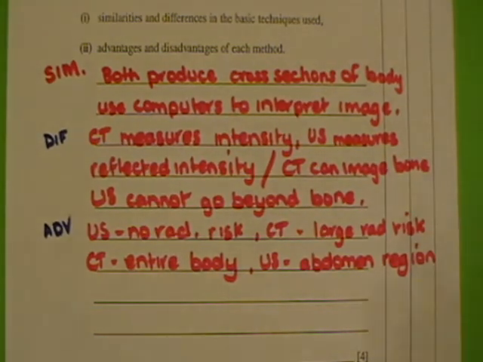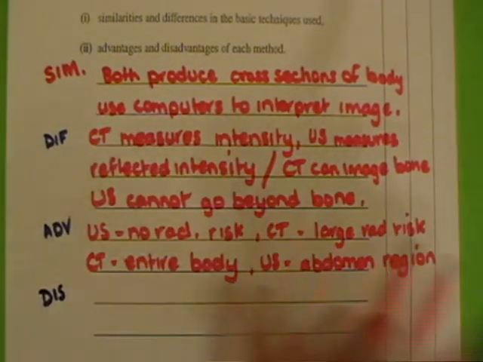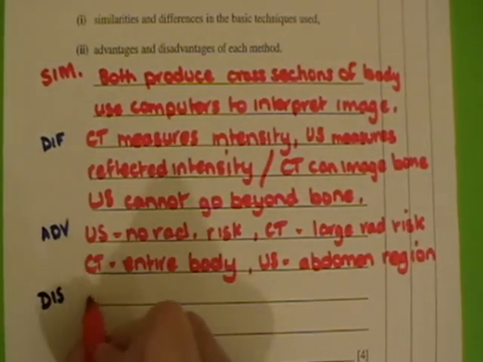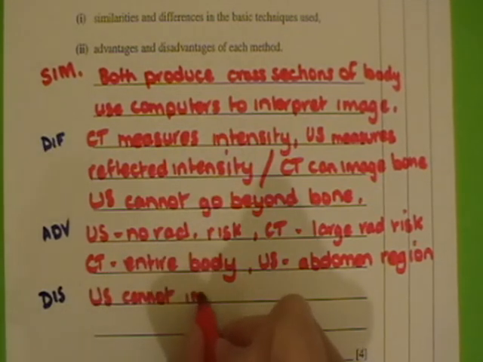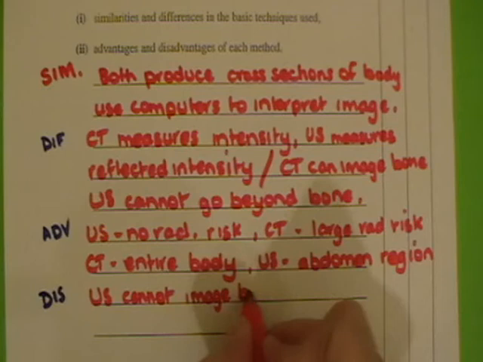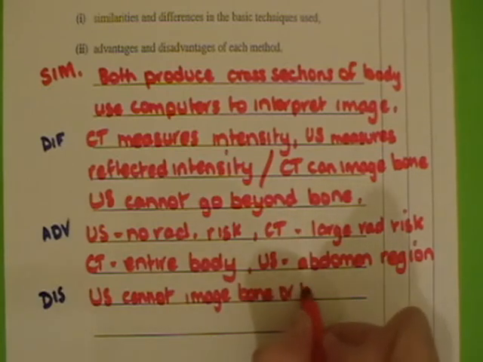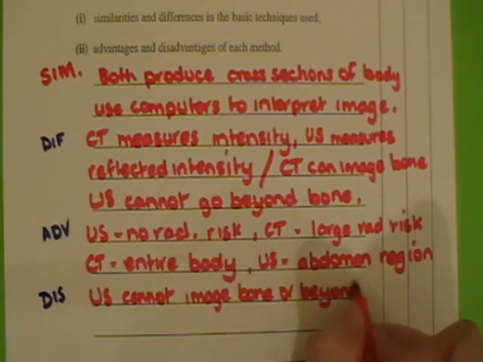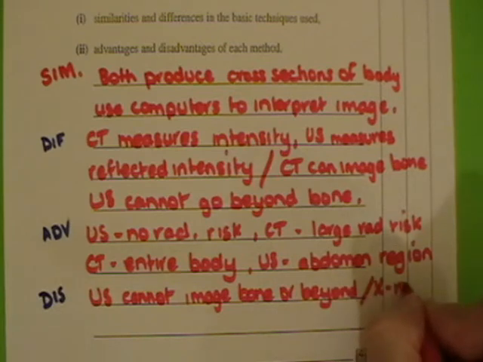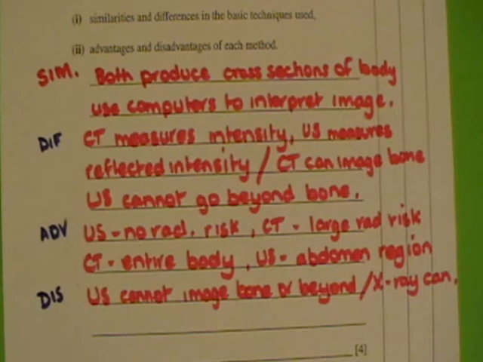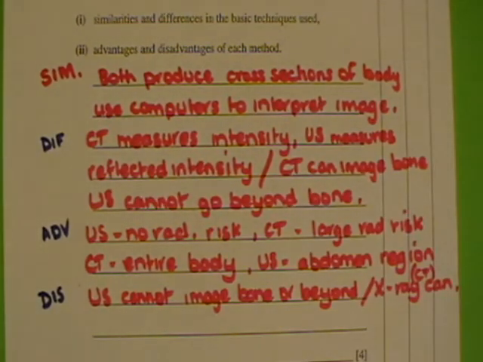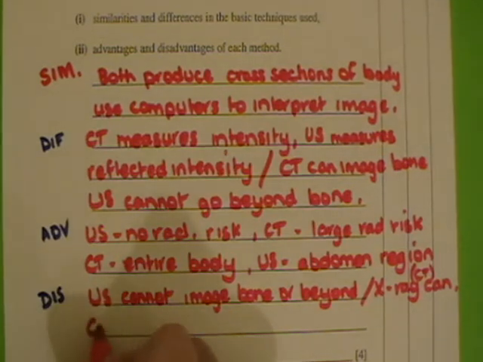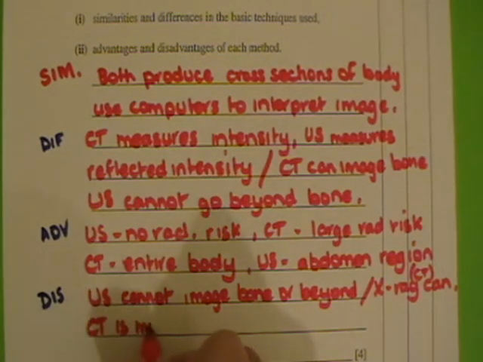And then disadvantages is that ultrasound can't see through bone, cannot image bone or beyond it. And then X-ray can, or CT scan I should say, can, CT can. So the CT scan can. And CT then is much more expensive.